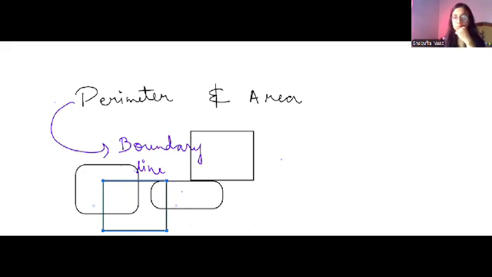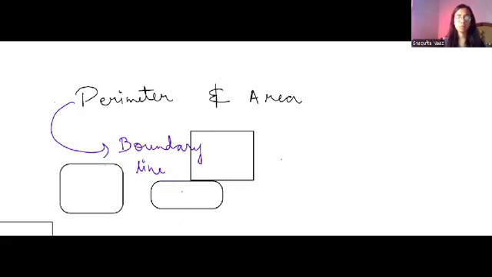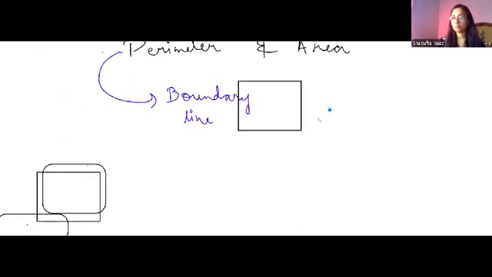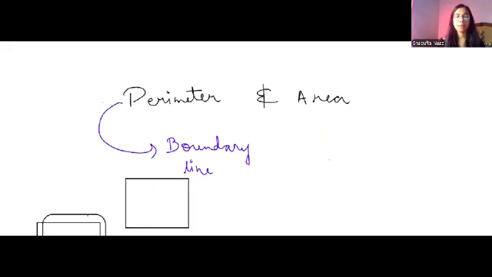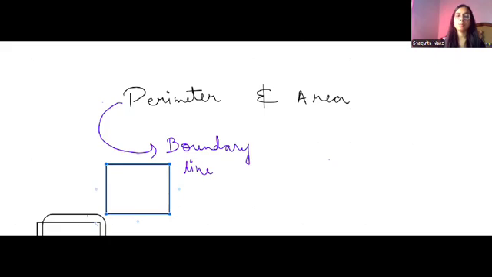So here, whatever figure we are having on screen, we are talking about the boundary line of this figure, right? As you can see, only the outer line or the boundary line of this figure is being highlighted.